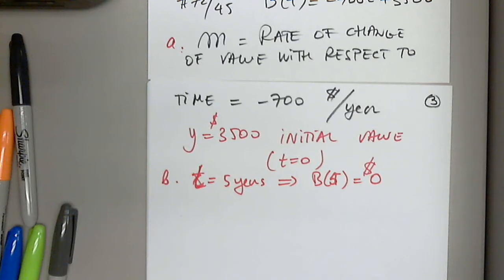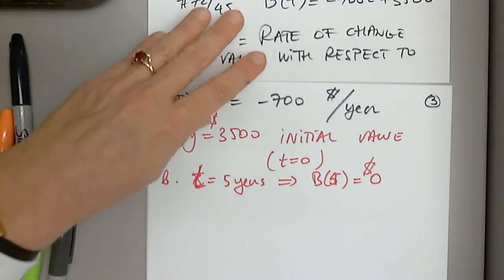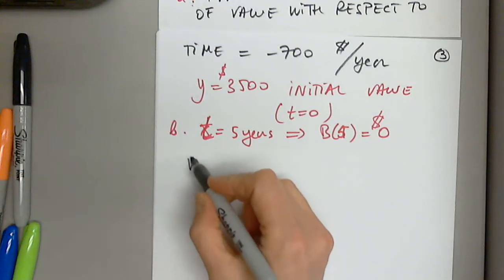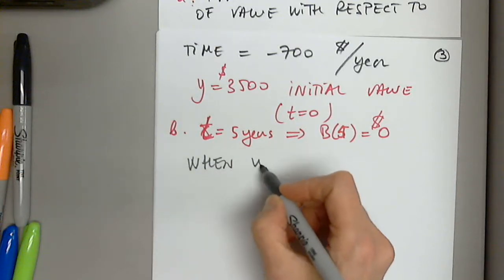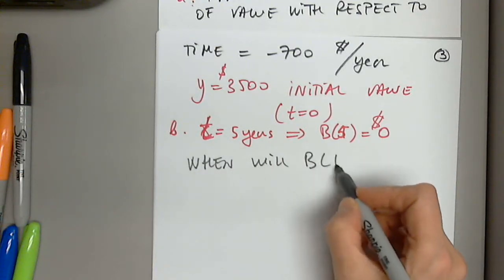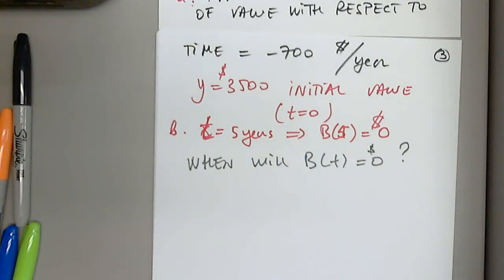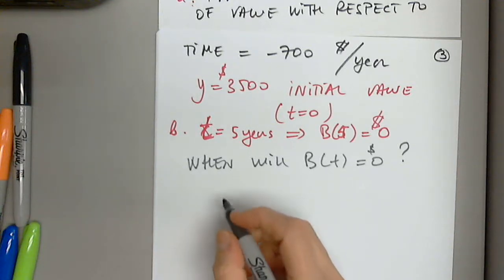If you didn't have the graph to look at, how could you easily get to that? Excellent question. So, when will B of t be $0? When will the value be 0? Nothing. How do I address that? Please, Maddie? Set the function equal to 0.